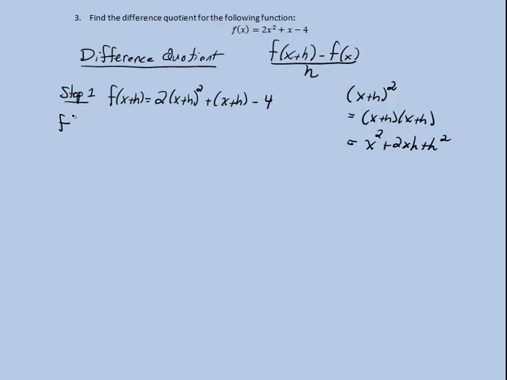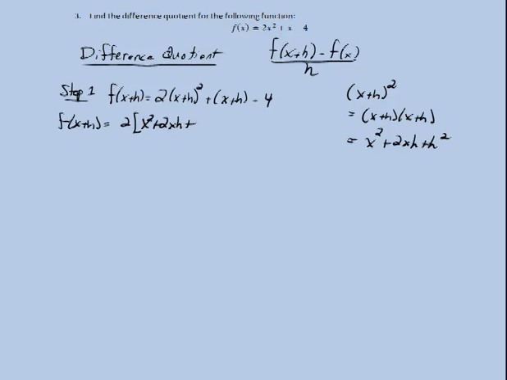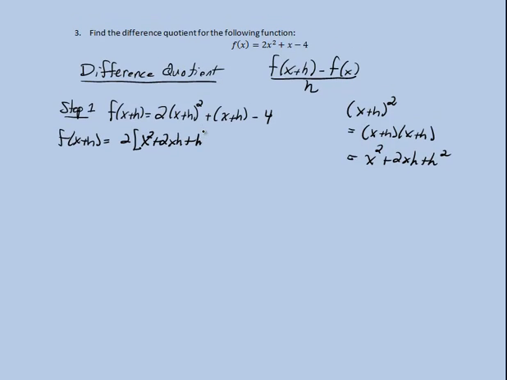So here, f of x plus h equals 2 times the quantity x squared plus 2xh plus h squared, still plus x plus h, still minus 4.